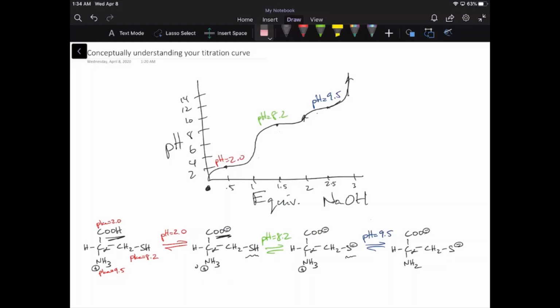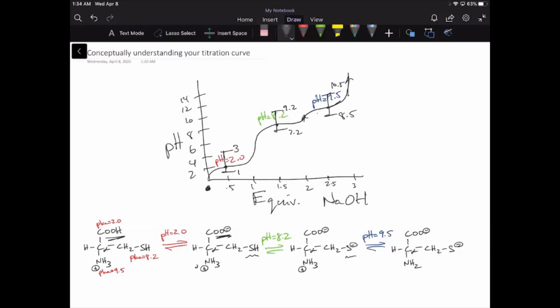So if I drew in my buffering regions for these different functional groups, it's plus or minus 1 of my pKa, meaning that if my pKa is 2.0, it will be 1 to 3. Then this one will be 7.2 to 9.2. And then this one will be, I cannot see, 8.5 to 10.5. And we already knew this, that it's plus or minus 1 of the pKa. And again, go to the Henderson-Hasselbalch equation if you don't know how to get to these values.